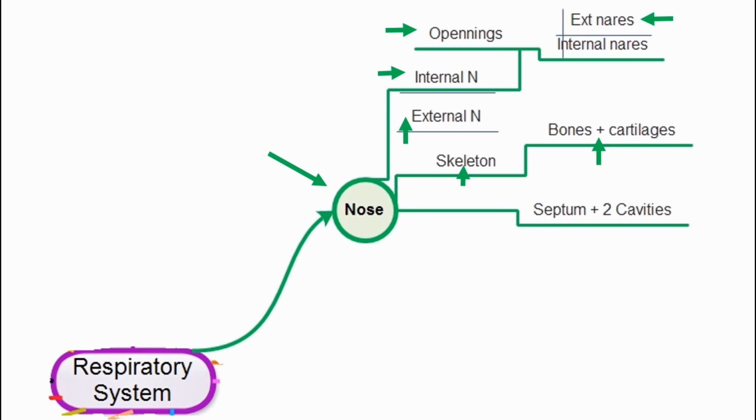And the internal nose opens into the nasopharynx, and the openings are called the internal openings. And in general, the nasal cavity is divided into two cavities, right and left, and this division takes place by the nasal septum.